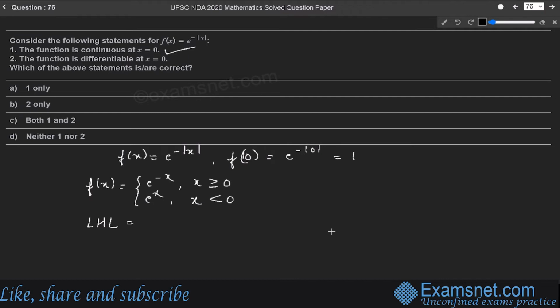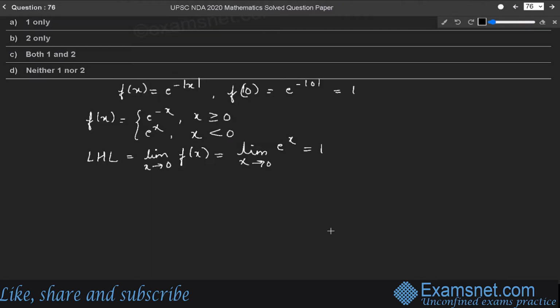So here LHL will be limit x tends to 0 minus f of x, which gives limit x tends to 0 e to the power x, which is equals to 1. Similarly, finding the RHL will be limit x tends to 0 plus f of x, which gives limit x tends to 0 e to the power minus x, which will be 1.